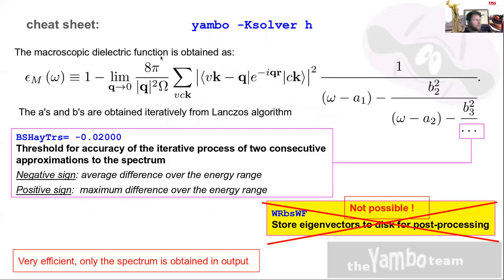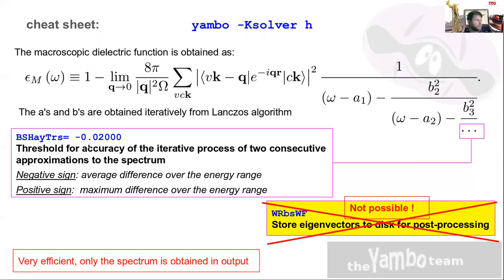Again, you have the cheat sheet also for the Haydock solver, and it is highlighted that the most important input variable is this threshold. If you set it as negative, the check will be done on the average of the spectrum. Pay attention that this may not be very accurate, but it can be useful for getting a first version of the spectrum.